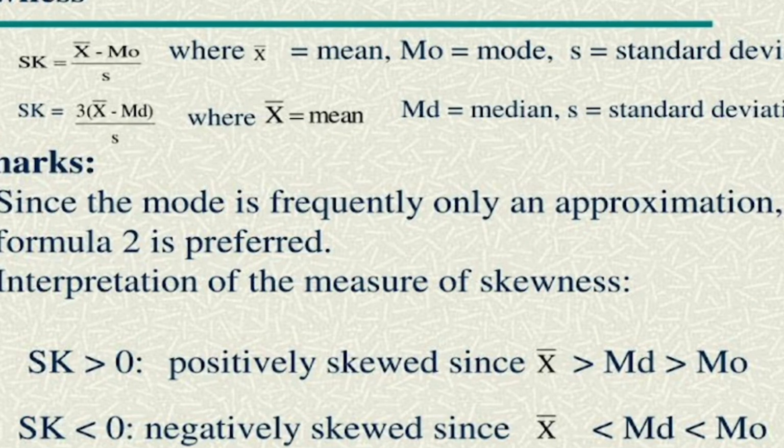Here we have an example wherein we will be computing the skewness of the distribution. Given the following statistics on the performance of first-year college students in their Mathematics in the Modern World: mean is equal to 74.1, median is equal to 75, mode is equal to 84, and standard deviation is equal to 11.25.